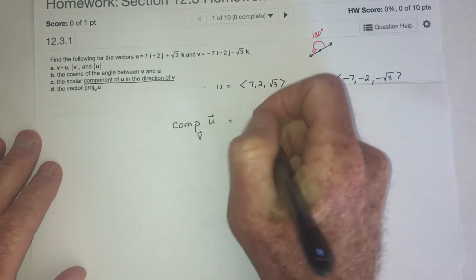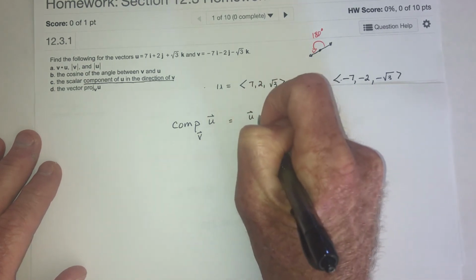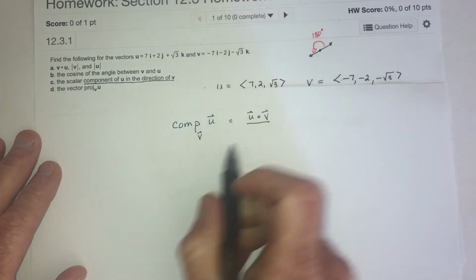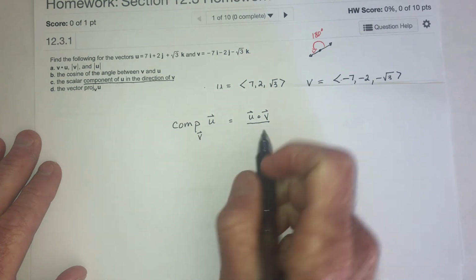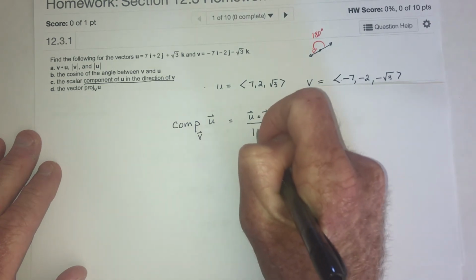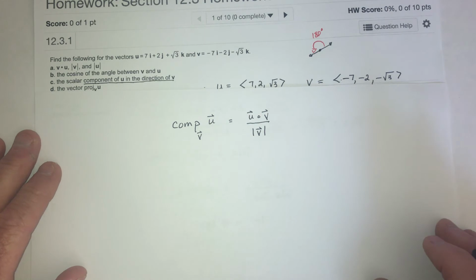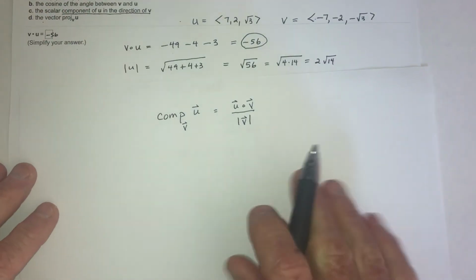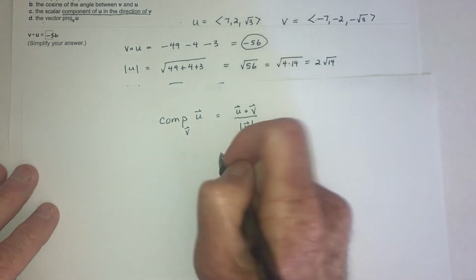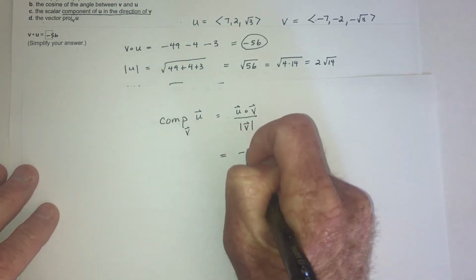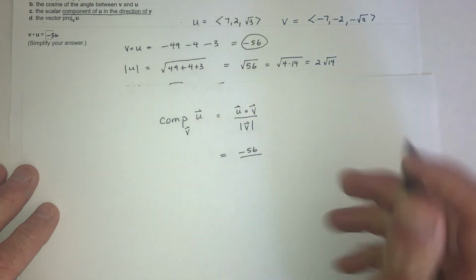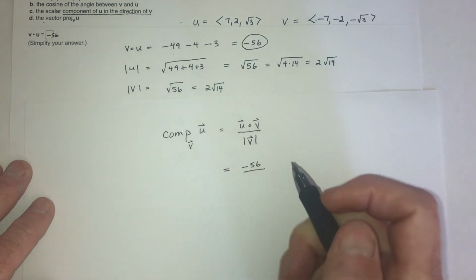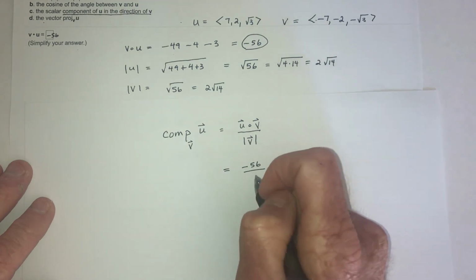Okay, so you need the dot product, and then whatever's down here goes down here, and you need its length. So we actually have the parts that we need because we already did the dot product. So that's equal to negative 56. And then the length of v is square root of 56, or 2 radical 14.